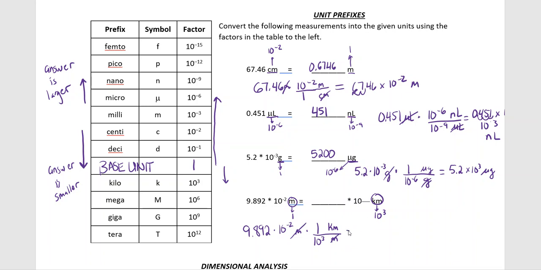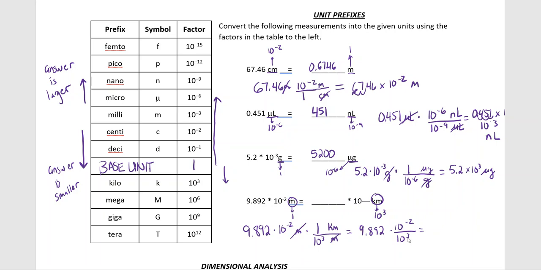Meters go away. And what we get is, I'm only going to do the tens here because I'm going to leave my 9.892 the same. When I have 10 to the negative 2 divided by 10 to the 3rd, when I divide by 10 to some power, if I have the same number and they have different powers, this expression, 10 to the negative 2 over 10 to the third, is equal to 10 to the negative 2 minus 3.